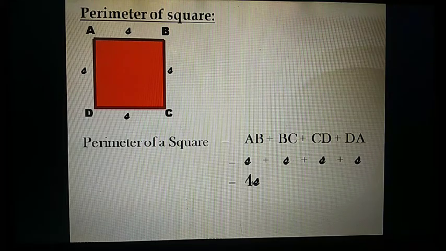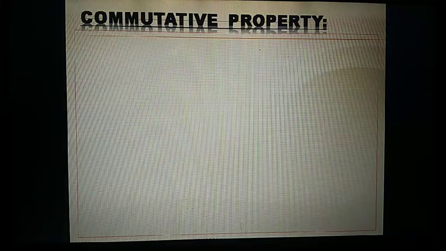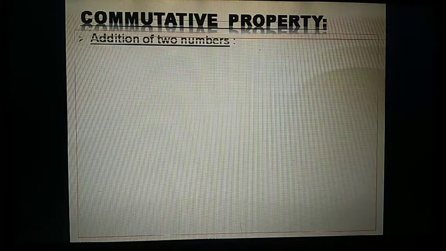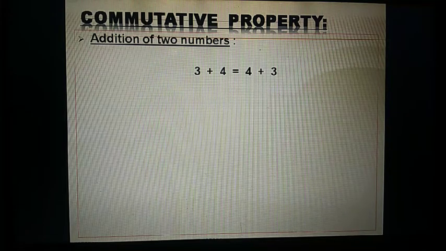Moving to arithmetic. Let's suppose we are supposed to frame the commutative property. First, you will deal with this for addition of two numbers. As you know, if you add 3 to 4 or 4 to 3, you will get 7 in each case.